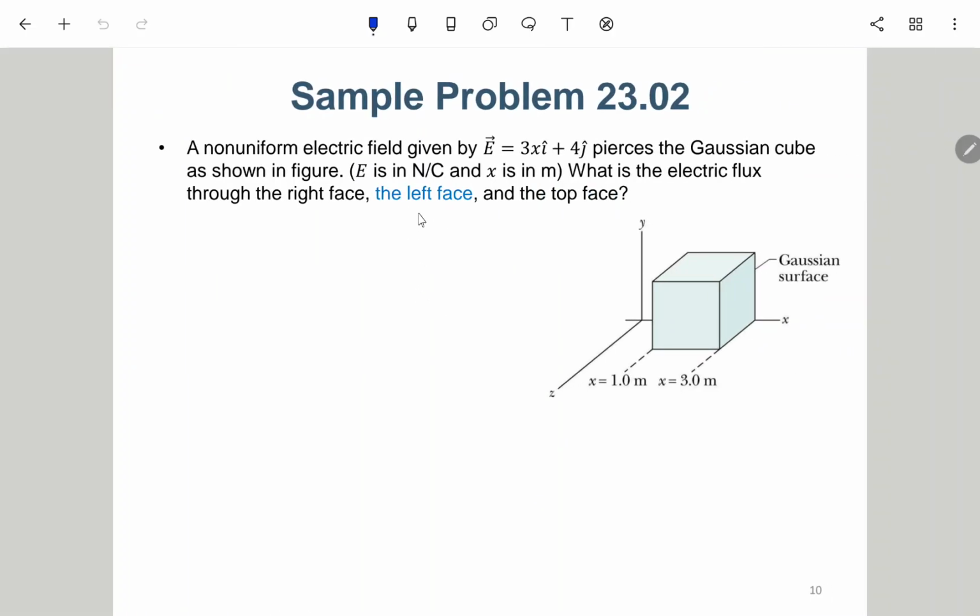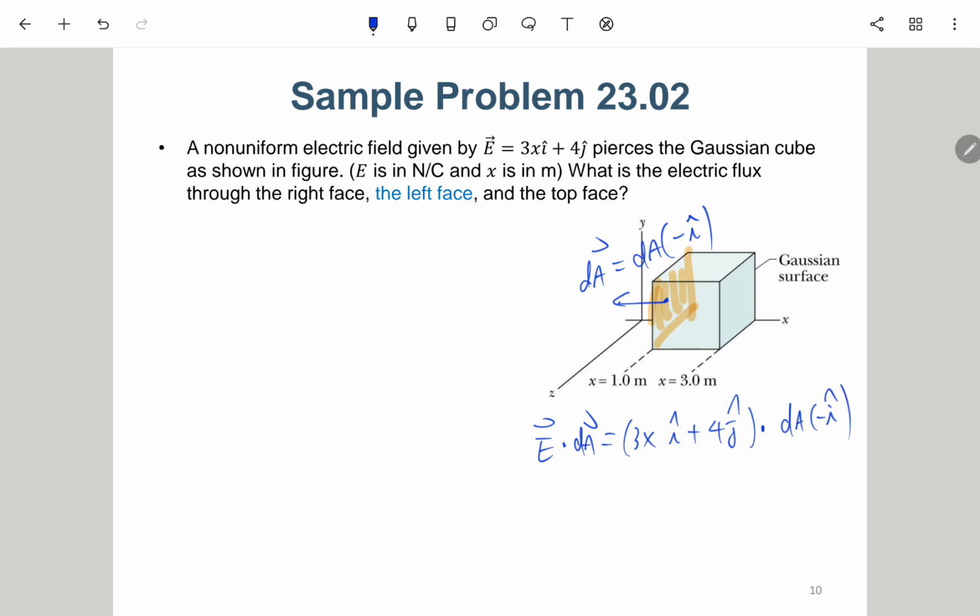So here we consider the left face. The left face is this one. Similarly, we have dA pointing to the left side, so in this case it is dA times negative i hat. Then we calculate E dot dA, which will be (3x i hat plus 4 j hat) dotted with dA and negative i hat.